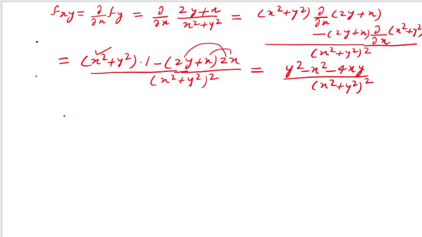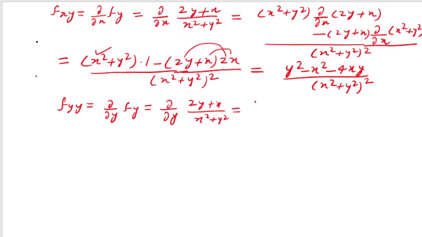Now let us calculate f of yy. So f of yy will be del by del y of f of y. So del by del y of, and what is f of y? That we already have written here, that is 2y plus x by x square plus y square.